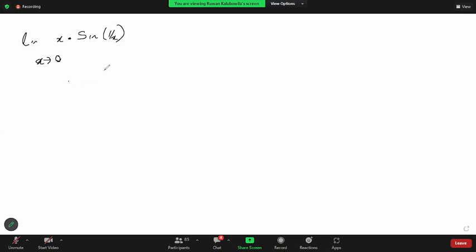How to do this? This is the well-known part. Any sine function varies between -1 and +1. We can write this at any point, because sine never goes greater than 1 or less than -1.